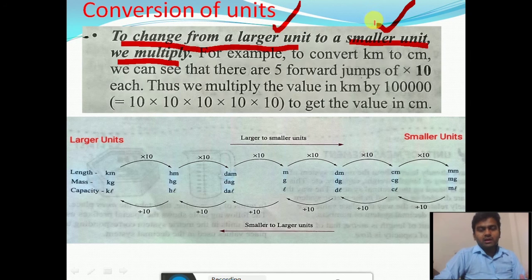The poem I told you to learn: kilo, hecto, decameter, deci, centi, millimeter. So kilo is the bigger unit and the millimeter is the smaller unit. To change from a larger unit into the smaller unit, you have to multiply.